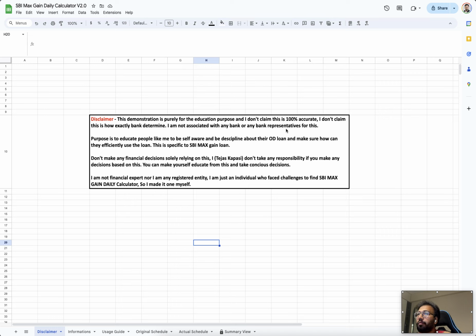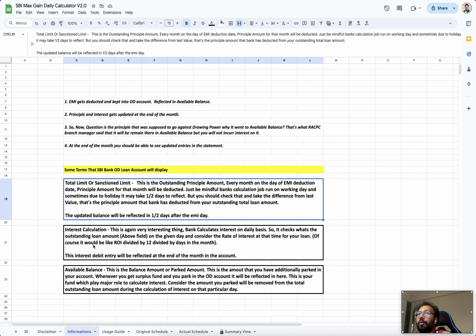For any financial decisions you make purely based on this calculation, I would recommend that you try this out, educate yourself, and take a conscious decision. I'm not SEBI registered or a registered authority with any financial institution. So that's the disclaimer. Now let's jump onto some basic information first.